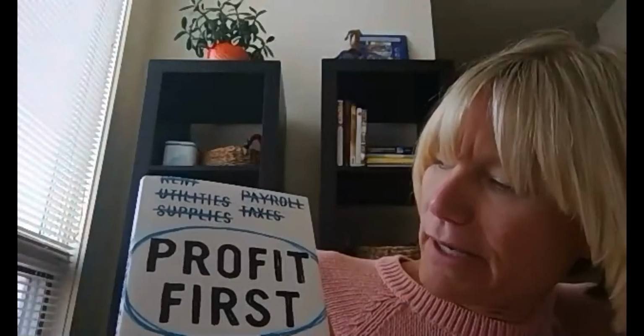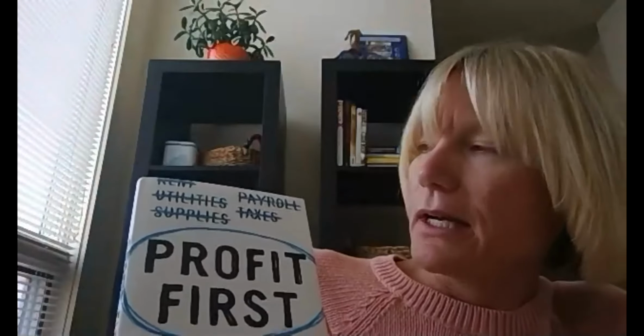So I'm going to show you this book one more time while I'm remembering. This is one of my favorites that I've read, Mike Michalowicz, Profit First. And he's got a sister book called The Toilet Paper Entrepreneur. It came out first, and that's a little bit more on the cash management and expense management piece.